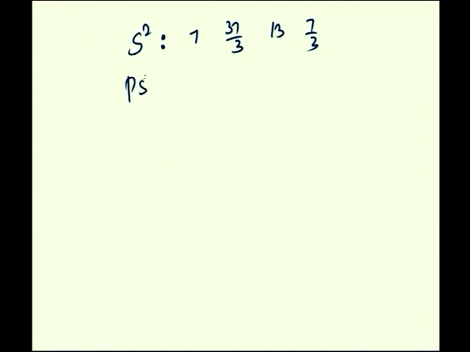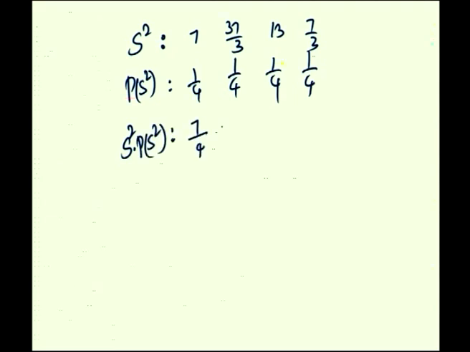The corresponding probability P of S square is 1 by 4, 1 by 4, 1 by 4 and 1 by 4. For calculation of the mean of S square, we want S square times P of S square, which is 7 by 4, then 37 by 12, 13 by 4 and 7 by 12. So that we have the mean of S square.